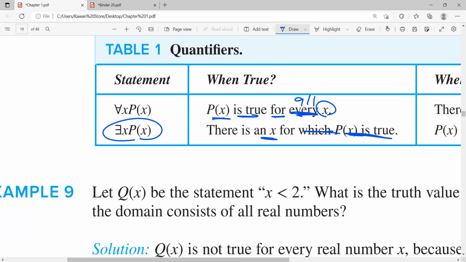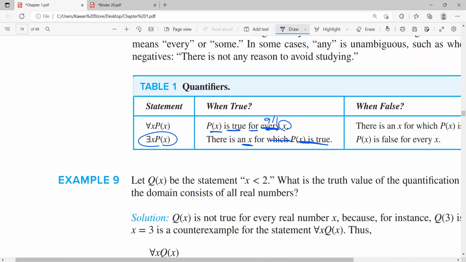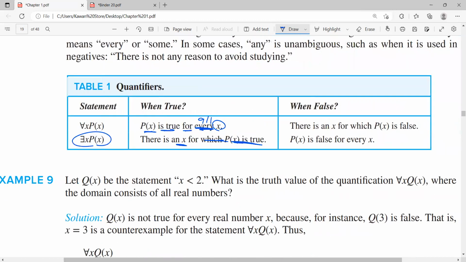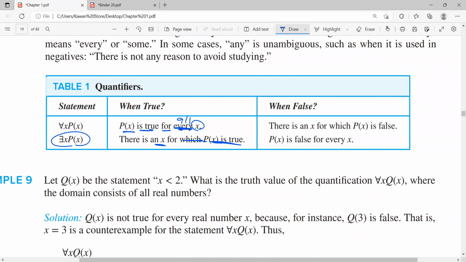If all of you are from engineering but there is one student from science, is that statement true? Yes. Why? Because I say there exists one student which makes it happen. So that's called there exists.